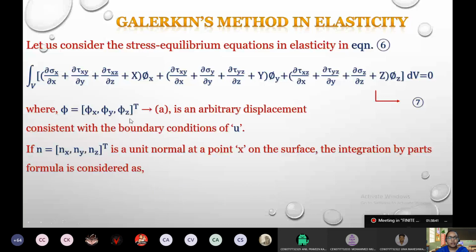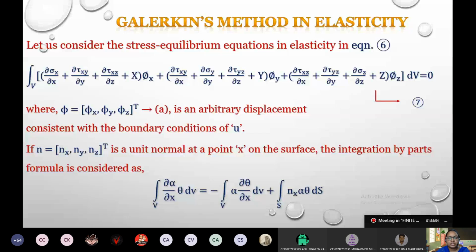Now, taking unit normal at a point x on the surface and doing the integration by parts formula, first see what integration by parts formula we can consider. We have two different functions, alpha and theta.